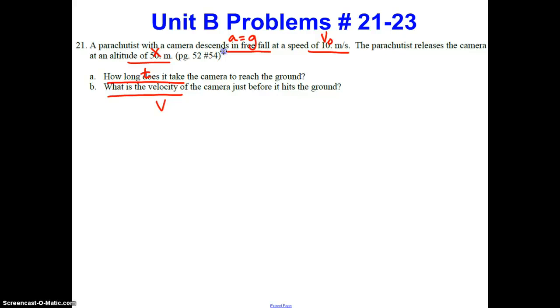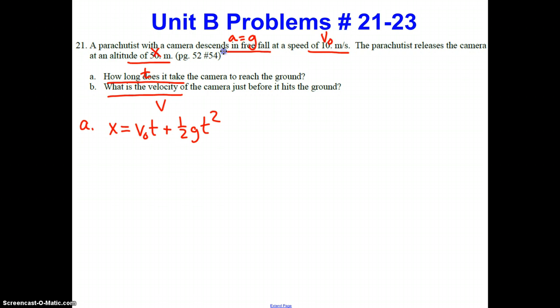All right, so let's jump right in here. For A, we're looking for time. We have x, we know the acceleration value, and we have a VO. When we go to our reference table, it seems like with the given variables and us trying to find time, we would start at x equals VOT plus 1/2 GT squared.